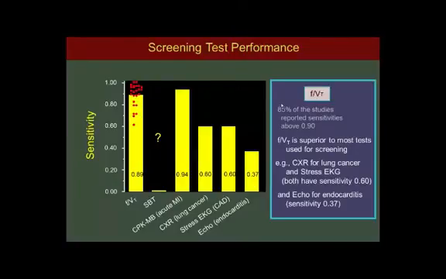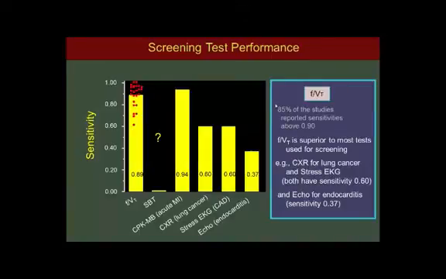And in fact, it's superior to most tests that we use for screening in other situations, such as, for example, a chest X-ray for screening for lung cancer or a stress EKG for myocardial ischemia. The sensitivities of both of those is about 0.6. Or for, say, an echo for screening for endocarditis, its sensitivity is 0.37.